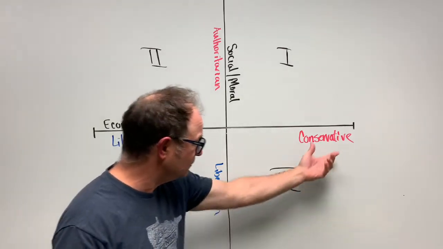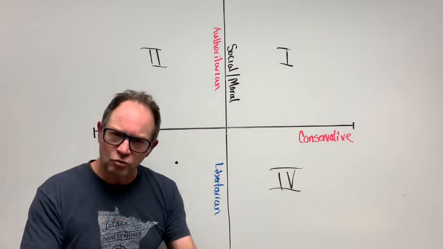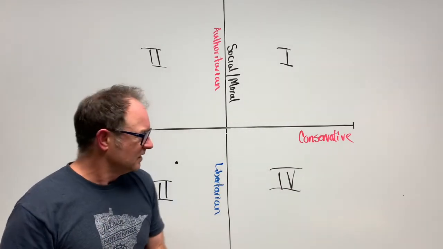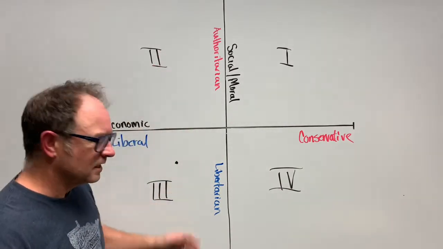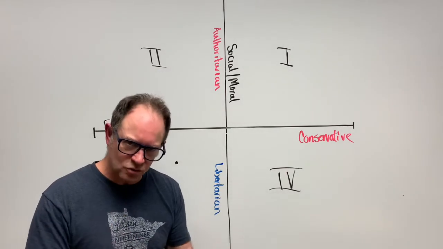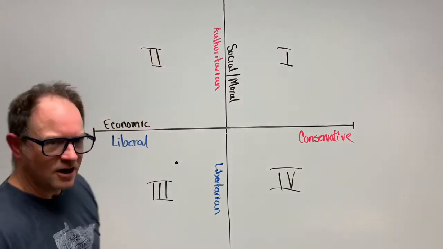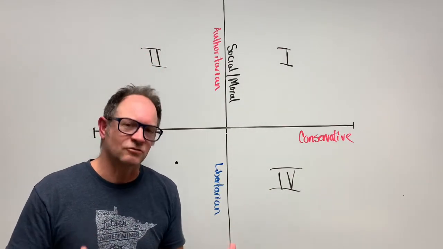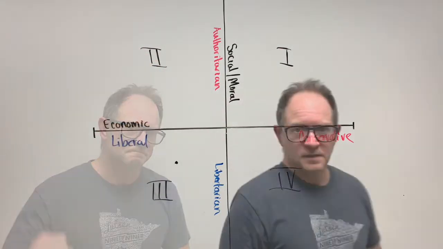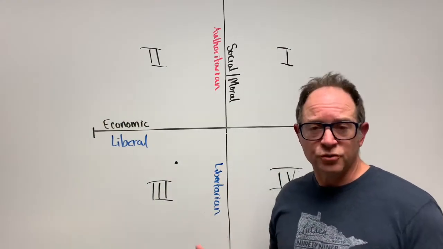Conservative and liberal are traditionally only an economic ideology, and authoritarian and libertarian only a social ideology. But once I put you into a quadrant, all of a sudden I have the language to more accurately describe your beliefs. So this is the tool that you need to know.